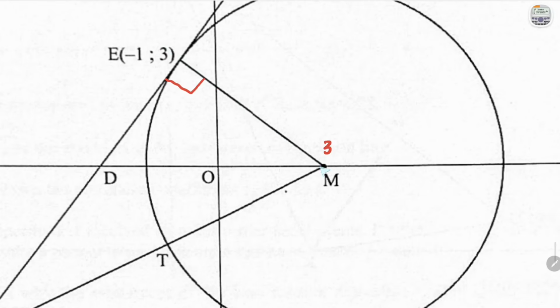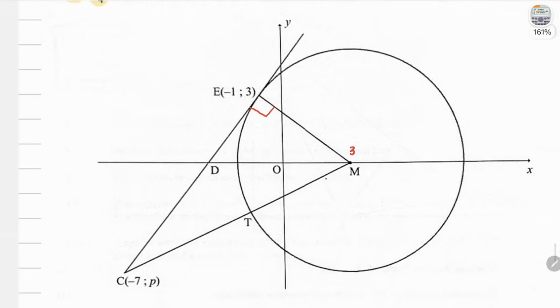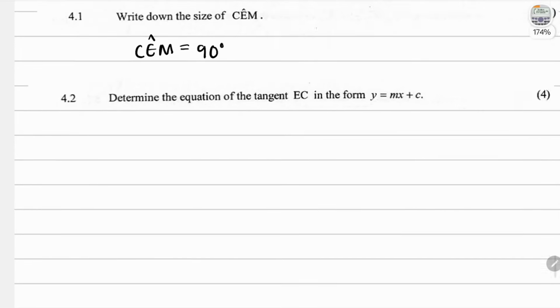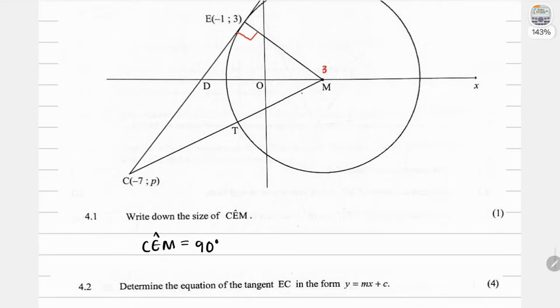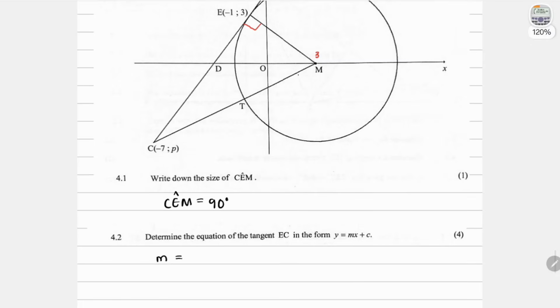So we can use this now to find the equation of EM, which is the radius. Let's do that. We're going to say the gradient is equal to, and you don't have to write the formula, we already wrote it once. You don't get a mark for writing the formula, it's in the formula sheet. This is y2 minus y1, so top minus bottom. The y value here is 0, so that's going to be 3 minus 0 all over, and we have -1 minus 3.